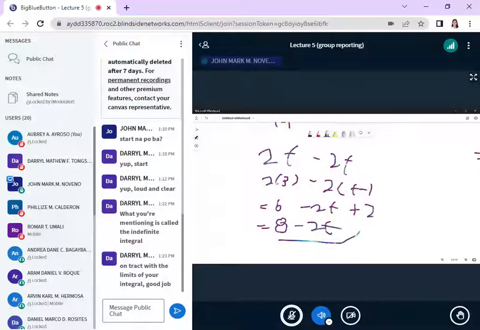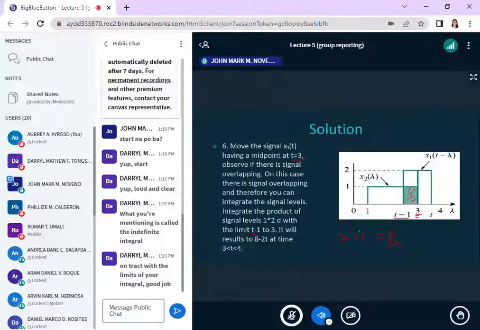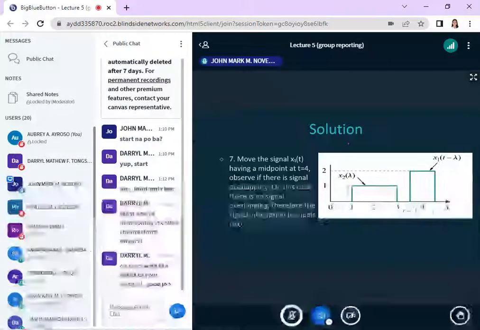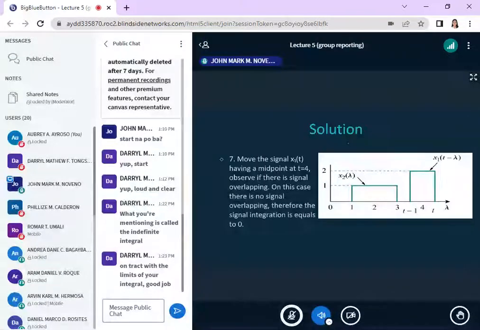Yan. So, i-insert na naman natin yun sa ating piecewise function kanina. So, magiging 8 minus 2t when the time is greater than 3 but less than 4.